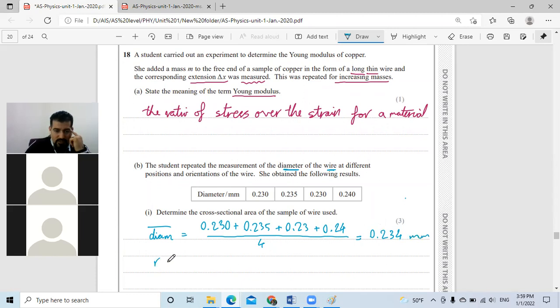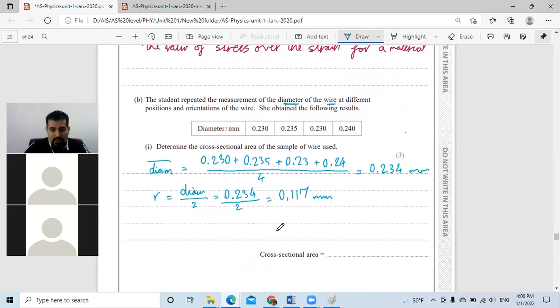Then the radius is the diameter divided by 2, which is 0.234 over 2, 0.117 millimeter. Then they ask about the cross-section area.